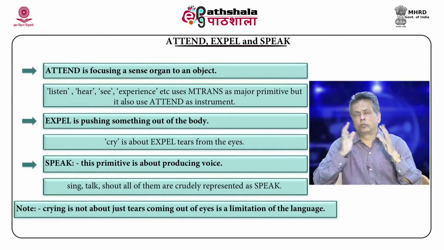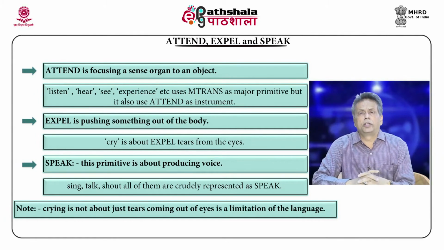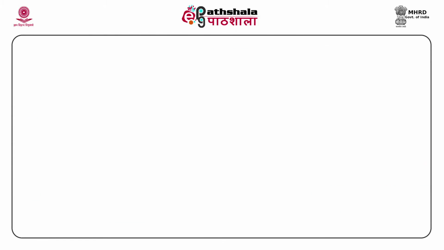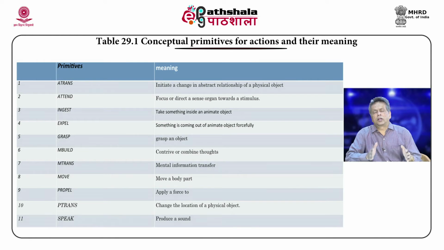I have talked about the primitives which are most commonly used, but please understand that this is Schank's view. He thought of these primitives. If you start thinking like this from the ground level, you probably come out with a very different set, and still be able to represent your statement. So, it is not that these are the primitives, or this is the list.